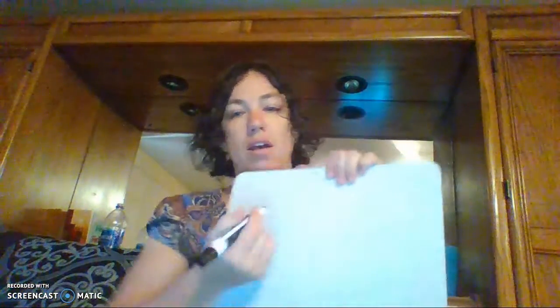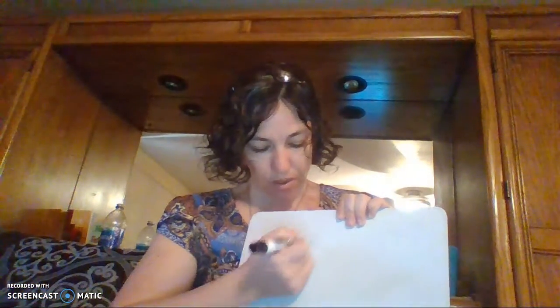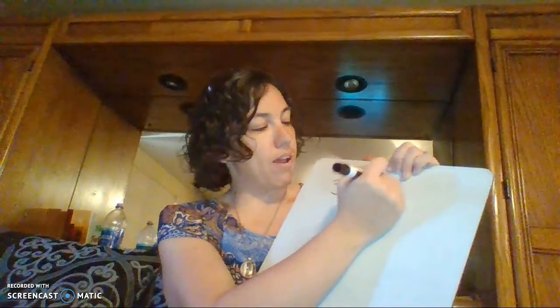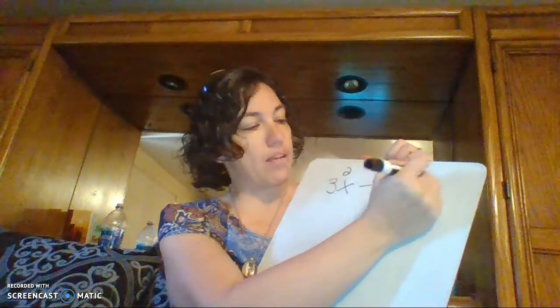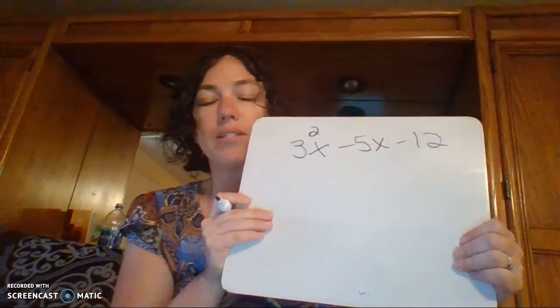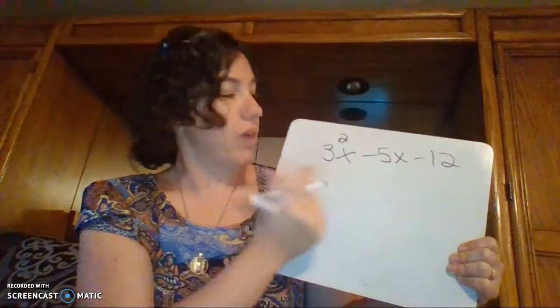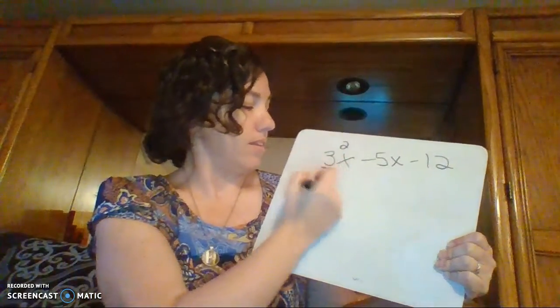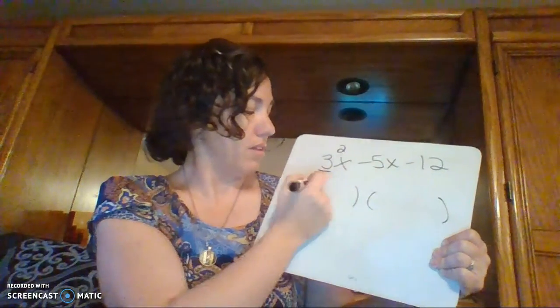The other thing that we went over last week was if I have a number with x. So if I have 3x squared minus 5x minus 12, something like this, then basically what I have to do is I have to split this in the two parentheses.